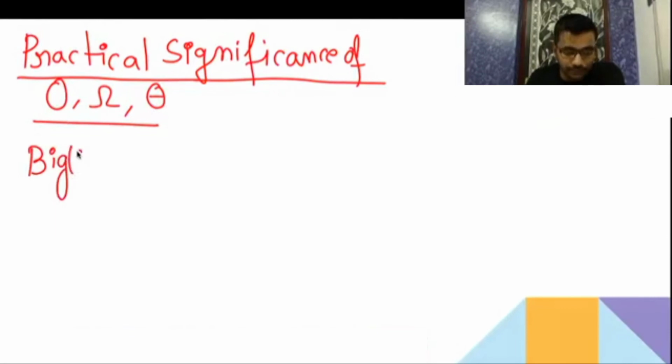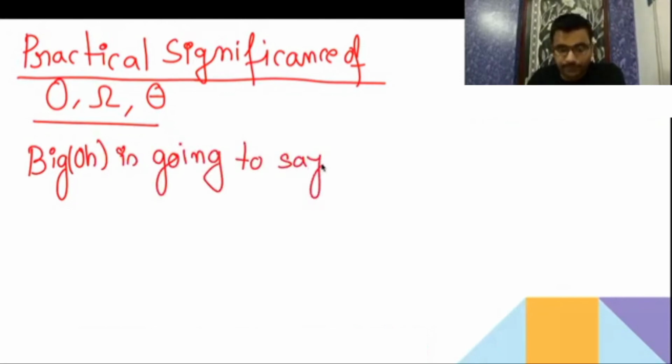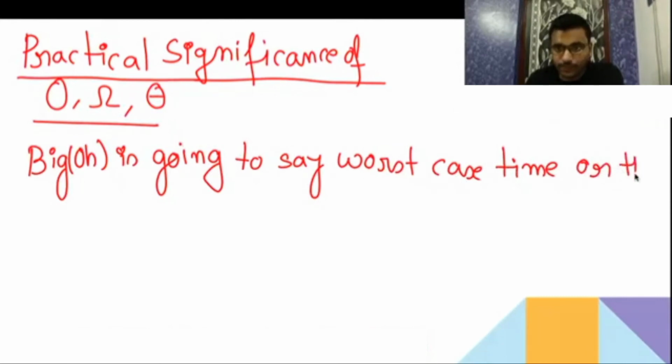So big O is going to say the worst case time, or the upper bound.